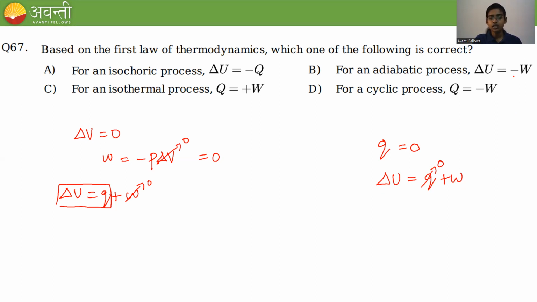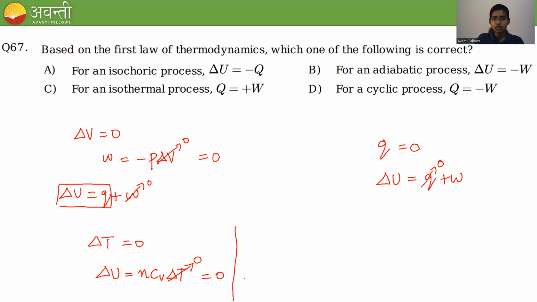Then for the isothermal process, delta T is equal to 0. Isothermal means same temperature, right? So delta T is 0. We also have one more equation, that is delta U is equal to n Cv delta T. This is the relation we have for delta U and delta T. Here if delta T goes to 0, delta U is also 0.